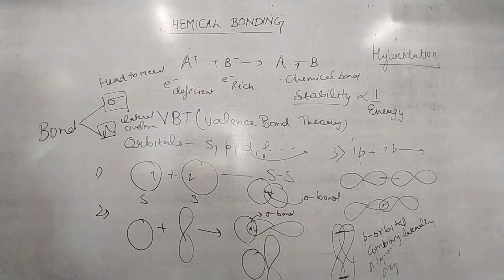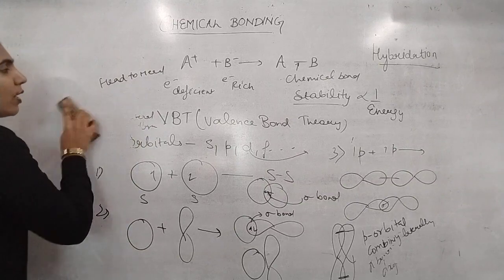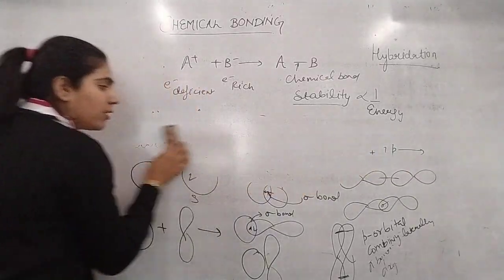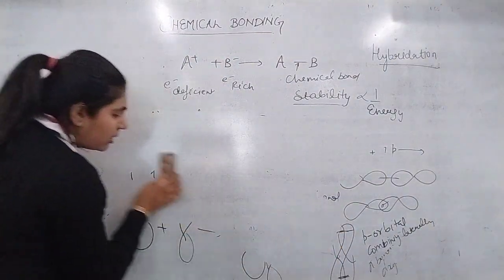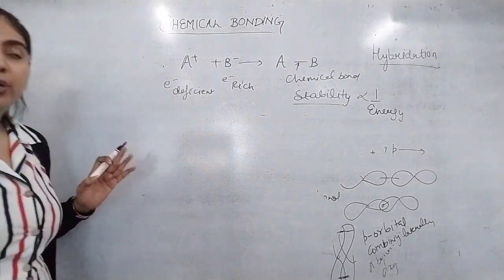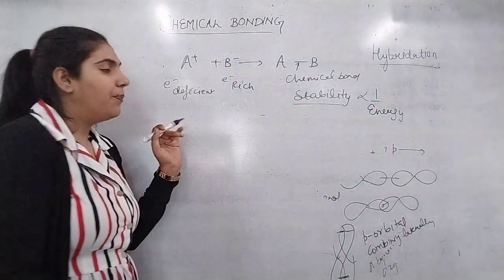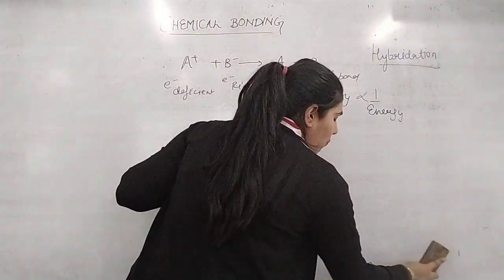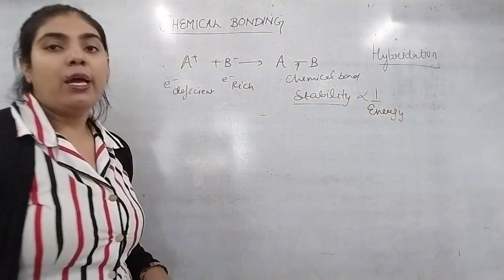Now let's discuss our next theory, that is hybridization. Hybridization is a little bit of modification of VBT. In this, we will discuss only the covalent bond. We understood that elements make bonds, and why they make bonds. But what is the structure exactly?